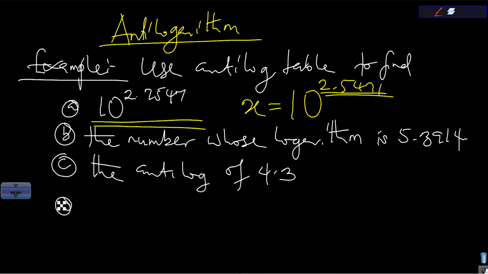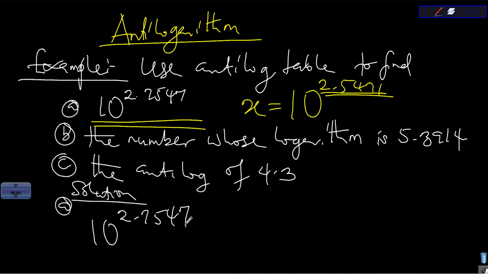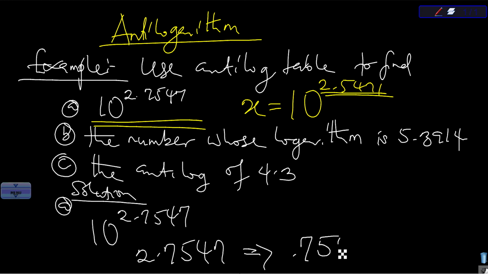So the question that we are dealing with right now is what? For the A part, we want to venture into the solution. For the A part, 10 raised to the power 2.7547, what you have to deal with is the fractional part of 2.7547. Just the fractional part, which is 0.7547.